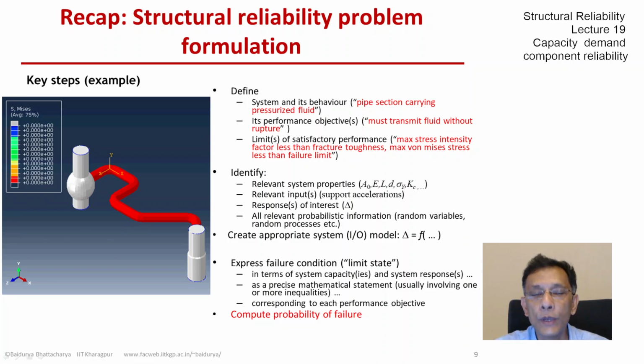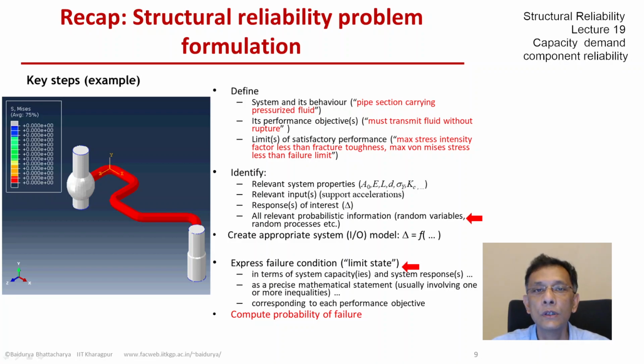And then we should be able to bring in mechanics and define satisfactory performance in terms of stress intensity factor, von Mises stress, or any other appropriate quantity, and then go through the process, identify and quantify the relevant parameters, the randomness associated, and then have a precise definition of the limit state, and then compute the reliability.